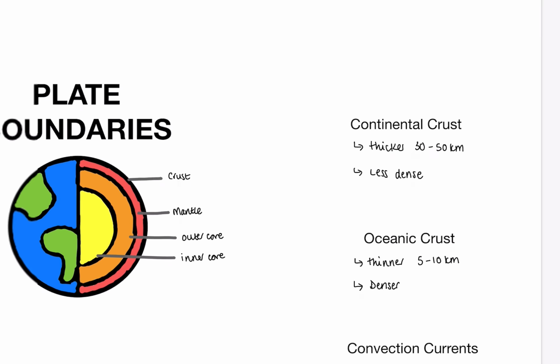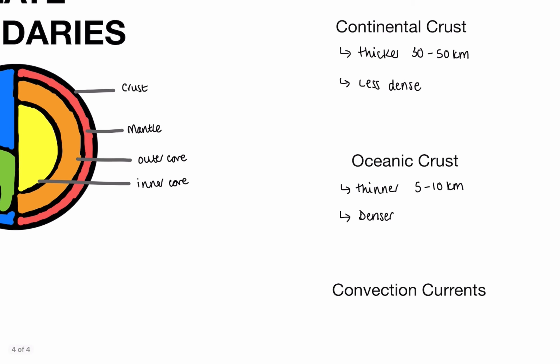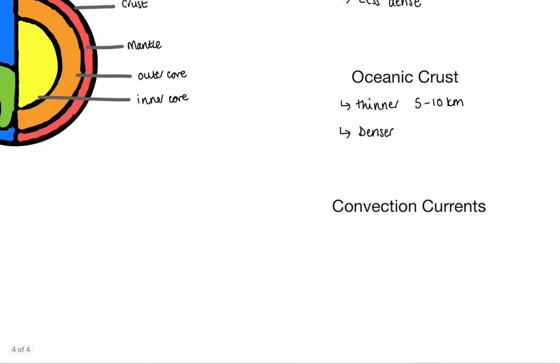So movements in the mantle and our plate movements are driven by something called convection currents. So convection currents is this conveyor belt movement. The idea that our magma gets heated by the outer core and the inner core and therefore rises towards the top.